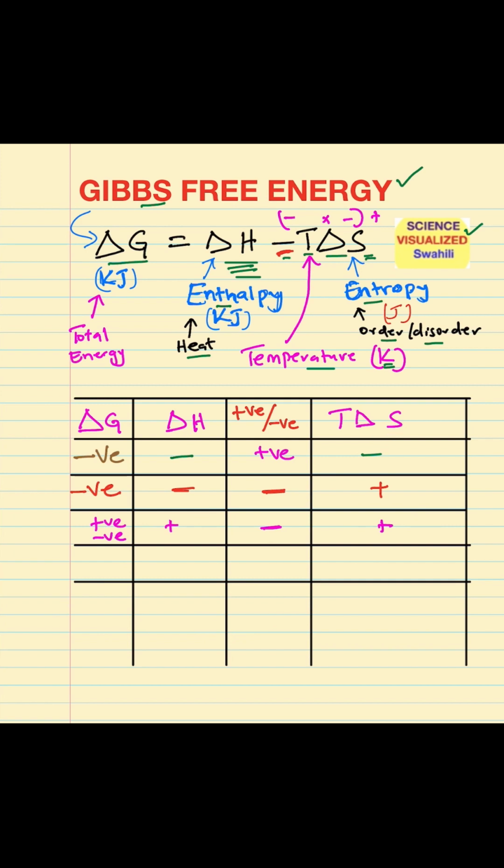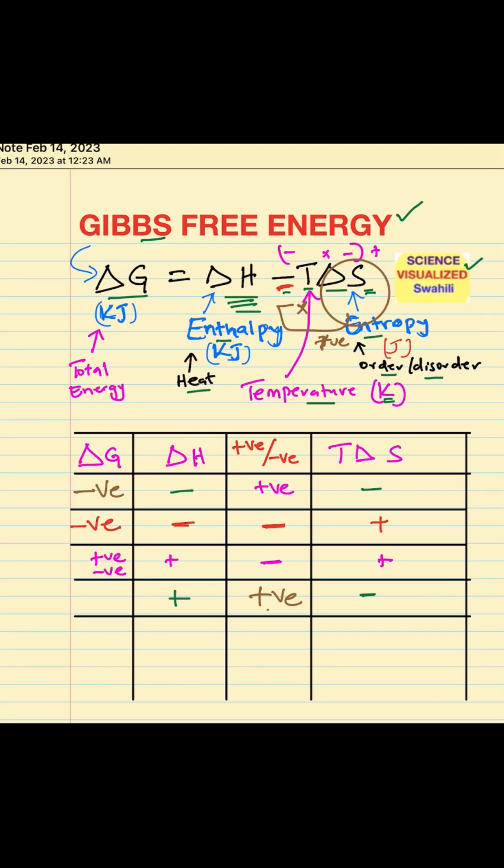Last scenario, if the change in enthalpy is a positive, but the T delta S is a negative, we'll see that this whole value is a negative, then times a negative, and then it changes, it becomes a positive. So that becomes a positive. And therefore you end up with a positive plus a negative.